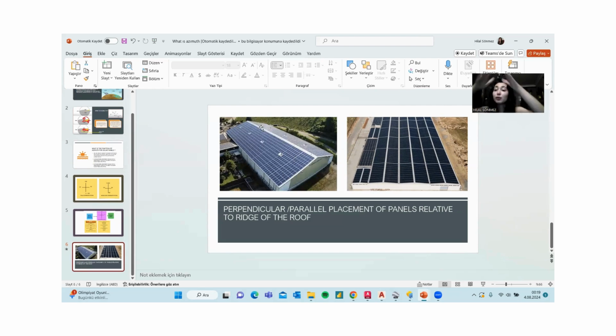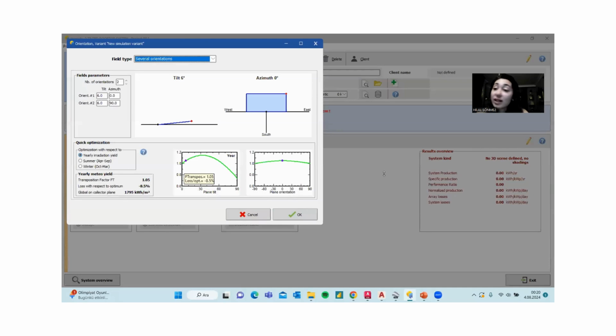We will calculate the azimuth for these two opposite sides of the roof. But how will we calculate the azimuth of the panels?